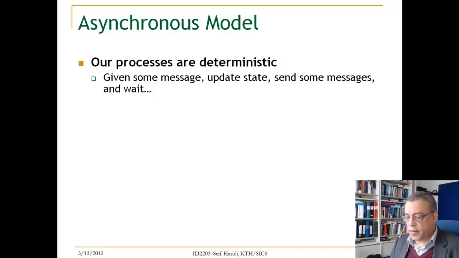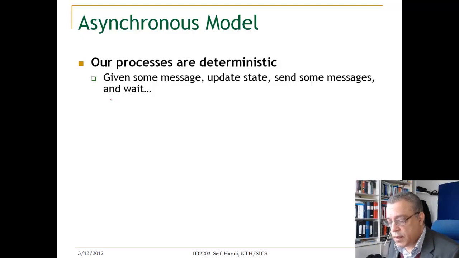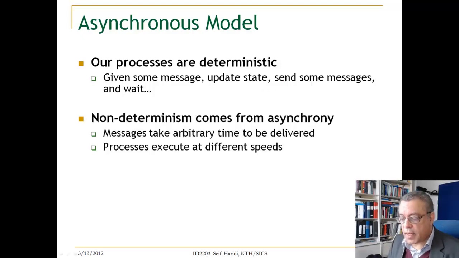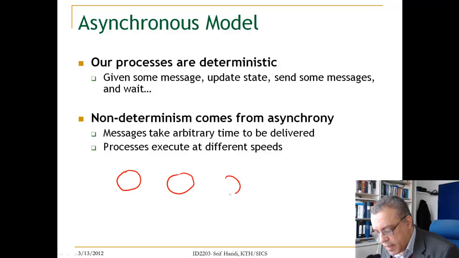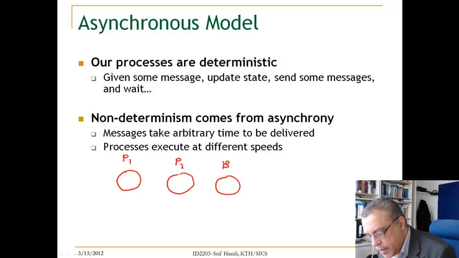So now let us look at the asynchronous model. In the asynchronous model, our processes are deterministic, as described by the state transition function. Given some message, we update the state, send messages, and wait and continue. The non-determinism comes from the asynchrony of the whole system, in the following sense. We can have a system where we have the states of many processes, P1, P2, P3.